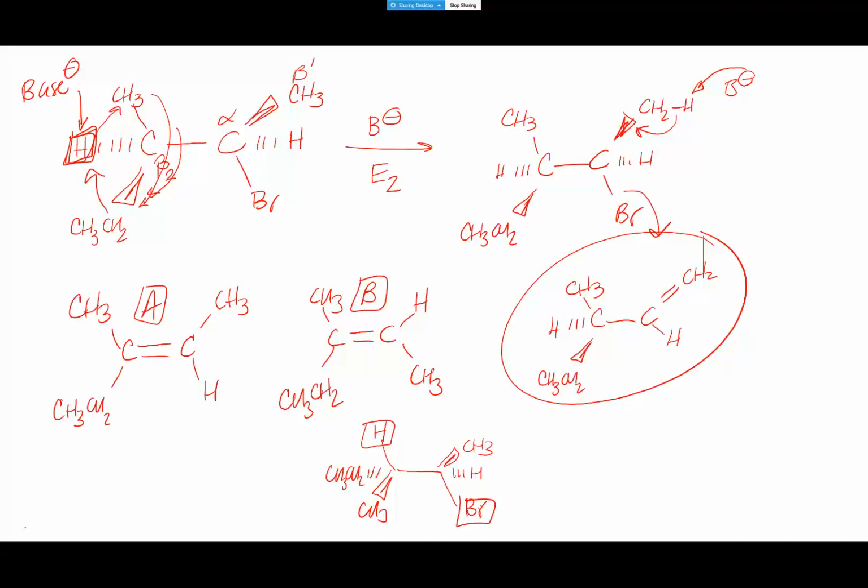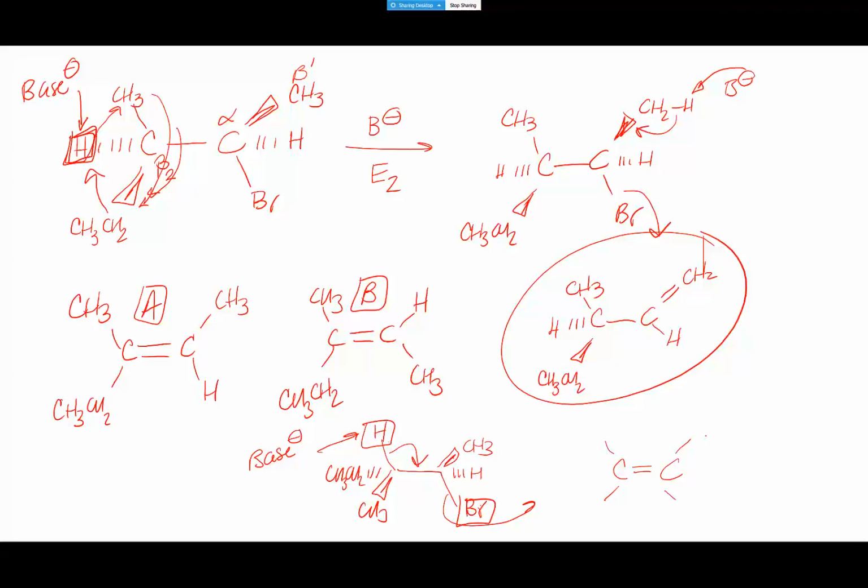So have I done that? Yes. So now the base will come in, the base will grab that hydrogen, a pair of electrons moves here, a pair of electrons, and the bromine gets kicked out. I'm now going to form my double bond. Which two groups are going to be cis?